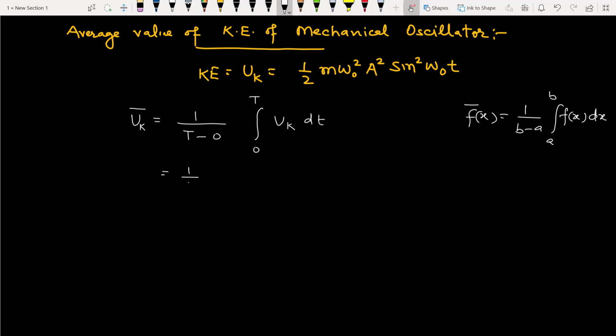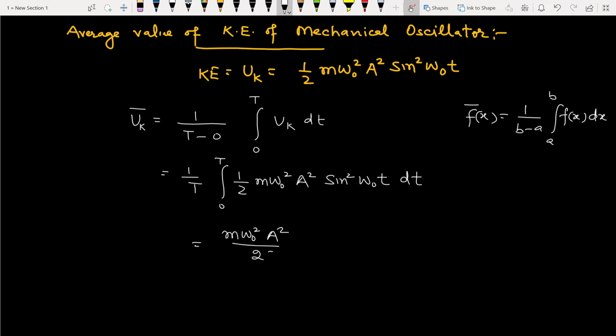It is 1 by T, 0 to T, half m omega naught square a square sine square omega naught t dt. So m omega naught square a square divided by 2T, 0 to T, sine square omega naught t dt.